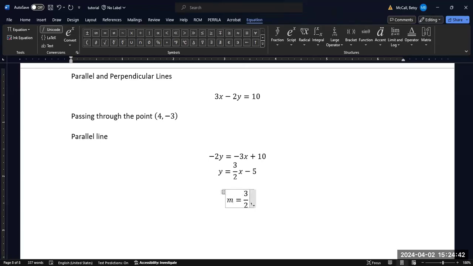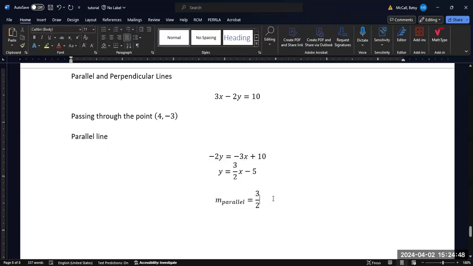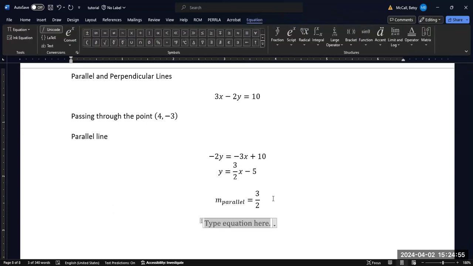And so I'm just going to put a little note here in the subscript that this is for the parallel slope. So parallel lines have the same slope. And so we're going to use the point slope form of the equation, and then we'll solve for y equals mx plus b. So I'm going to have y minus -3 is equal to 3/2 (x minus 4).